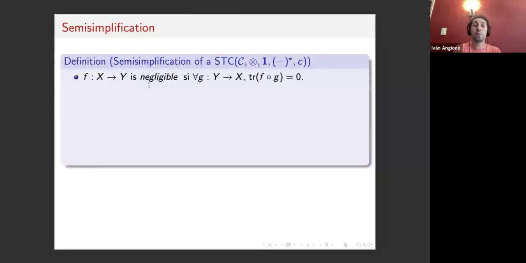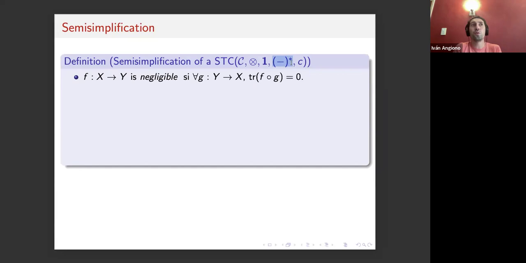Essentially, first we define what a negligible map is. There is a notion of trace that you can do in the same way as you define trace for matrices, using the dual, essentially. As you have the dual, you have an evaluation map, which is the generalization of the usual evaluation map, and a coevaluation map, which is the way to put the 1 inside B tensor B dual, in the same way as you do for matrices.